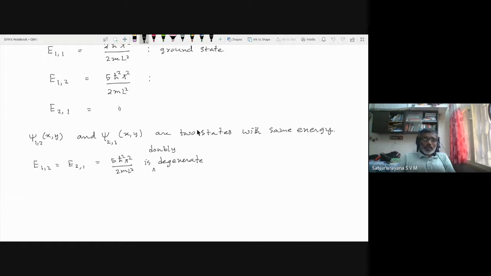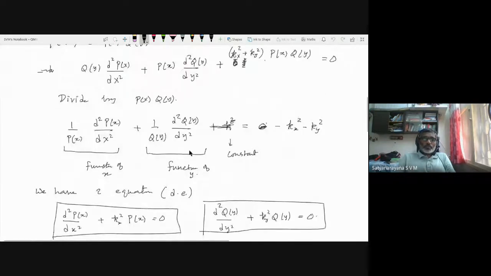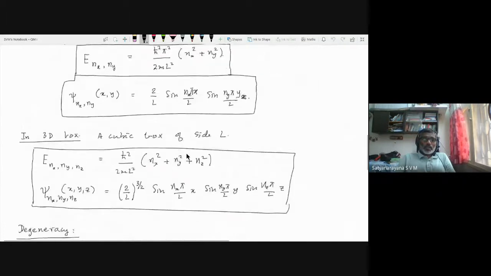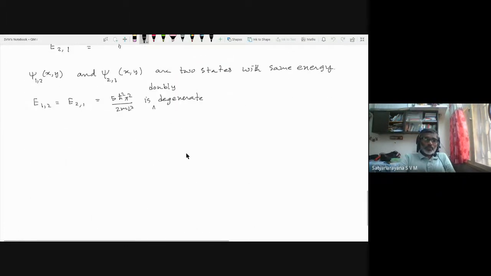Okay. Now let us look at another example that we have studied, of course, namely a harmonic oscillator in 2D and 3D.